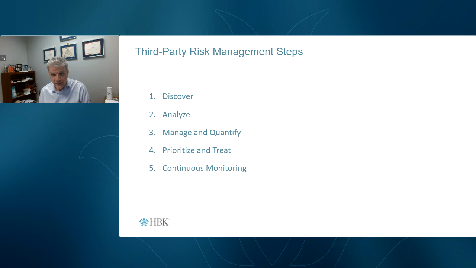So the big areas here, I'll just talk about these real simply. In the discover phase or step, you want to basically understand what your data is and classify your data so that you can figure out what vendors or third parties are going to be working with what data and how sensitive that is, and that gives you a way to categorize your vendors.